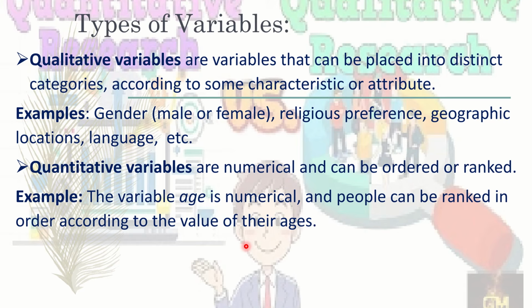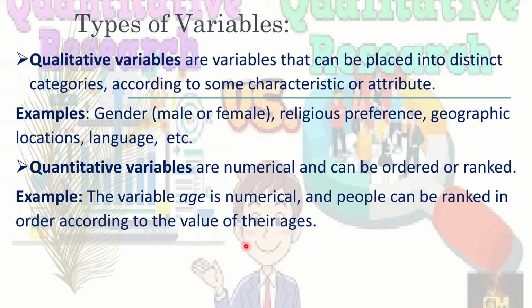But if you talk about ages like 1 year to 10 years, 11 years to 20 years, 21 years to 30 years, in this case they could be put in order, and they are numerical quantities. So age is numerical.